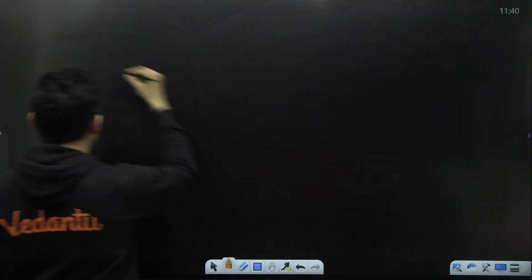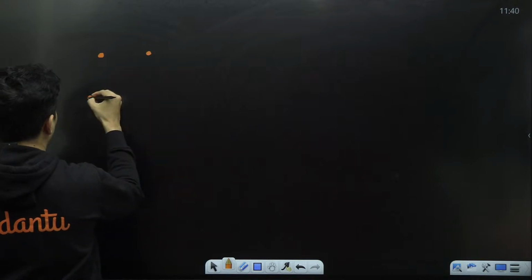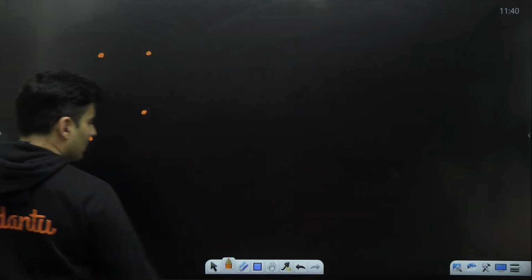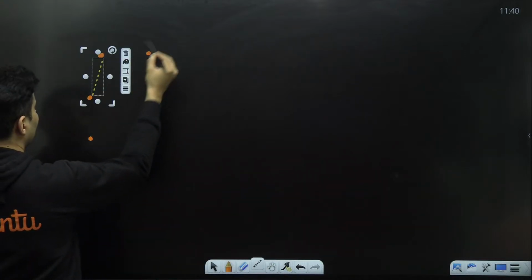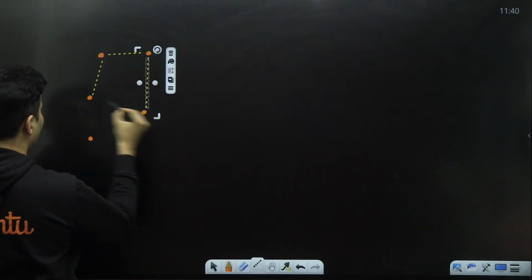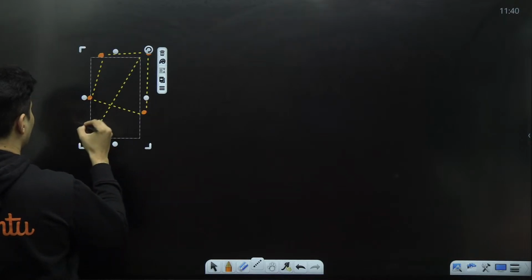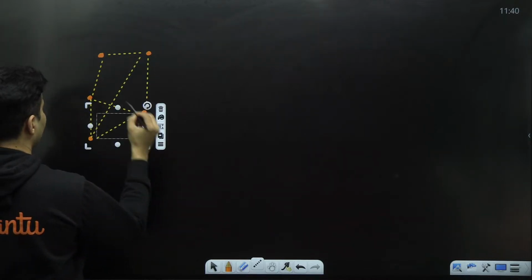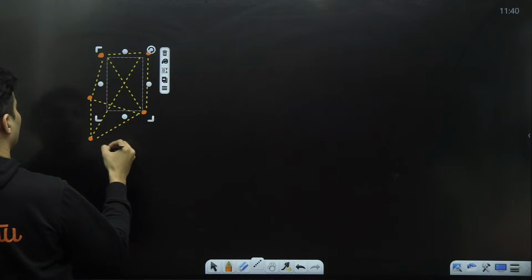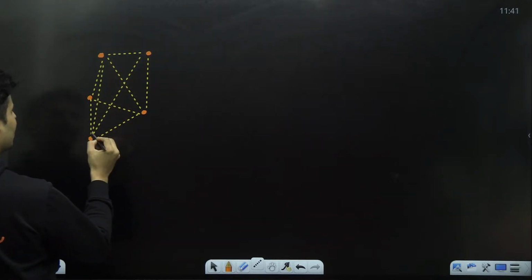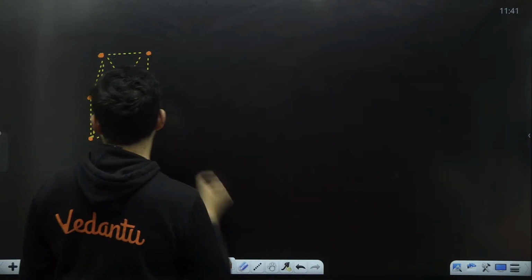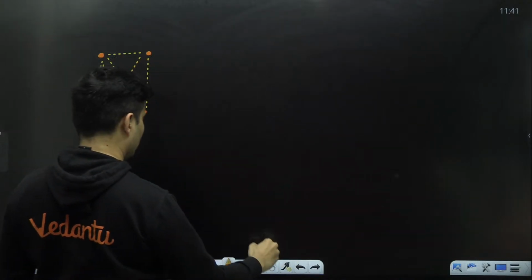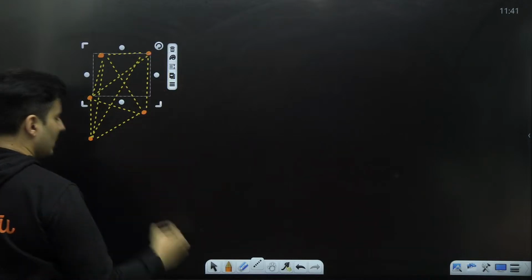Now, if you have multiple masses or multiple charges, then each pair of mass or charge will possess energy.